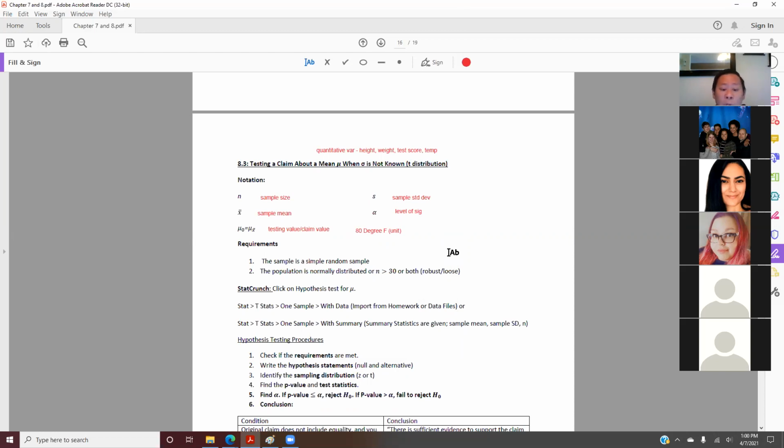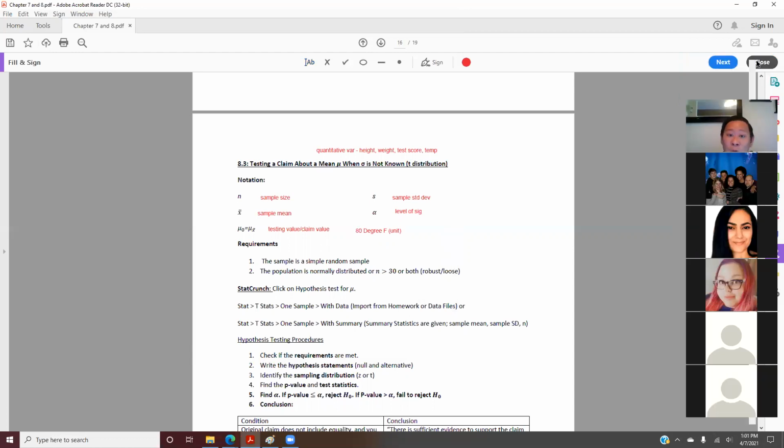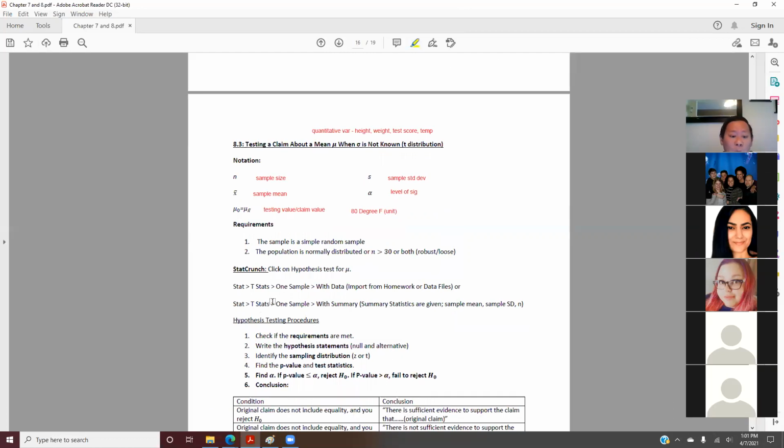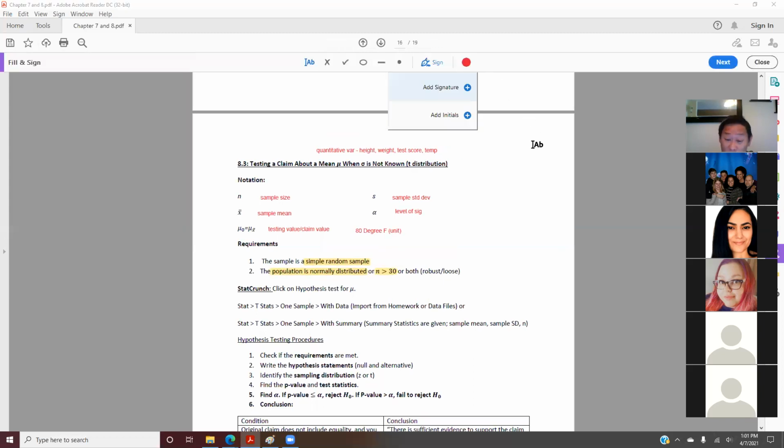The requirements are cut down really short, because these two only have two requirements. The first requirement is a simple random sample. And the second requirement is the population is normally distributed, or your sample size is more than 30, or both. This requirement is robust or loose.